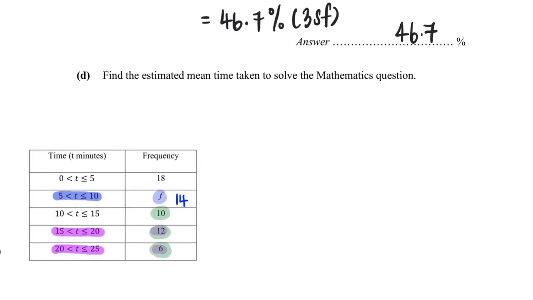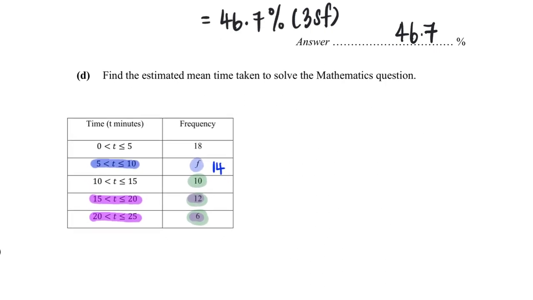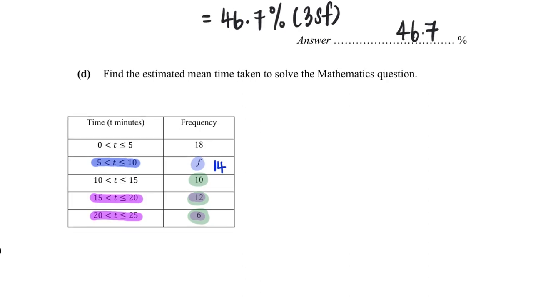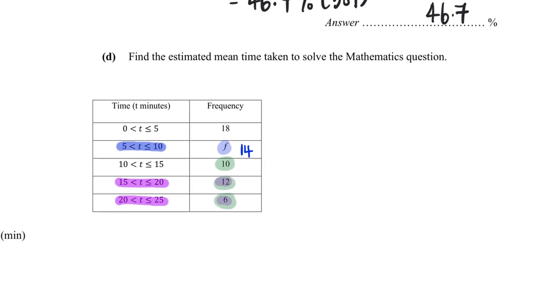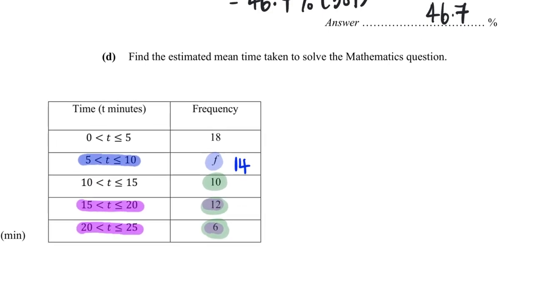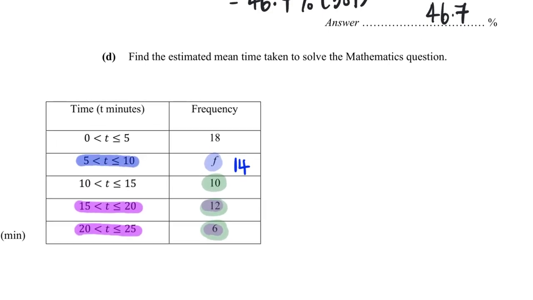Okay. So from this table, how then can we find the mean time taken for the students? Take note, be very careful. Let's see what Mr. Tan is going to do.